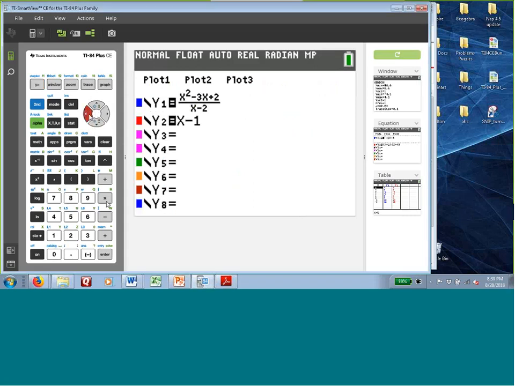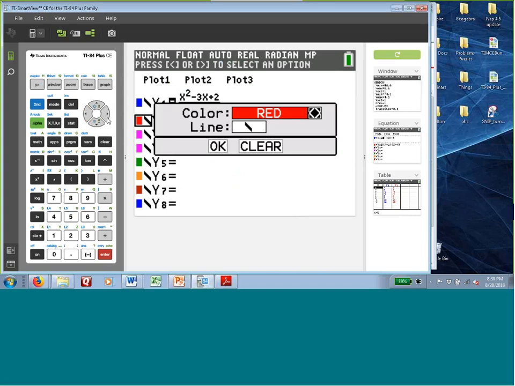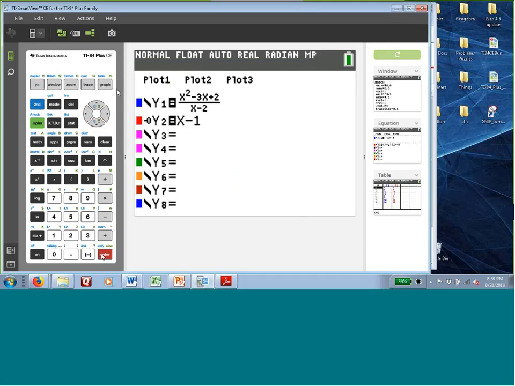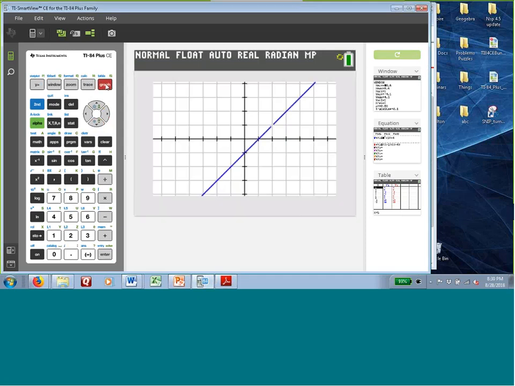I never got that tracer style. You can see that one of the things with changing the graph style that I am forgetting is to go down and hit OK. Okay, so here's the blue graph with the hole, and the red graph is going to fill that hole. So the simplified form has a different domain than the original one.